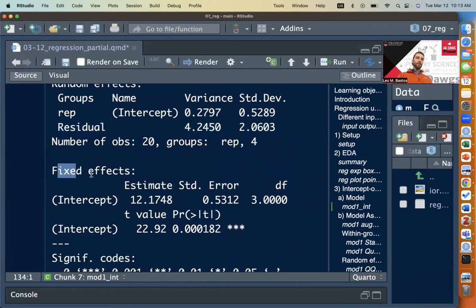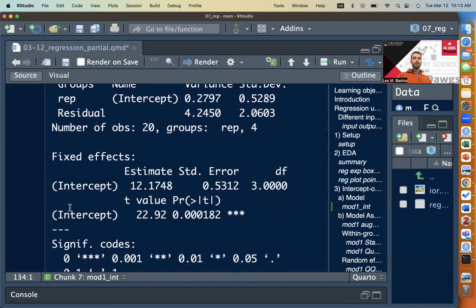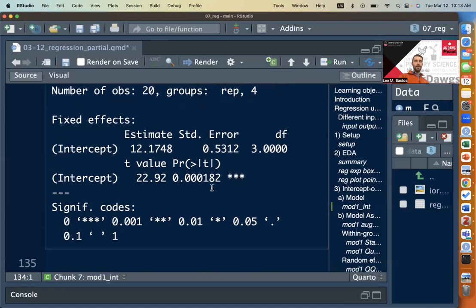And I'll notice that on our fixed effects table, we just have an intercept entry here. So that is saying that intercept was estimated at 12.17 because the response variable is yield, it's just telling us that the overall mean of the yield in this data set is 12.17 megagrams per hectare. This is what this means. And that intercept was highly significant, as we can see here on the p-value.